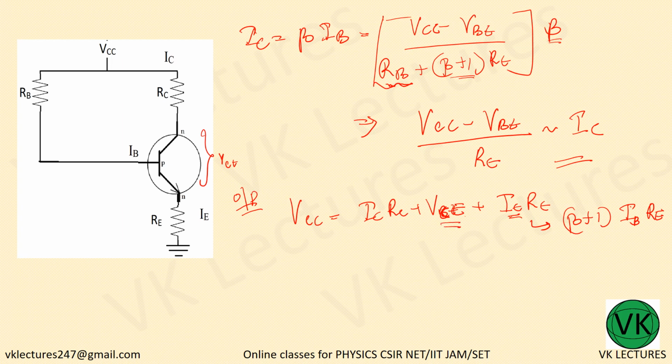So what do we want? VCE. VCE is equal to VCC minus IC RC minus beta plus 1 into IB into RE. Now this IC, what can we do? What is this IC? Beta times IB.